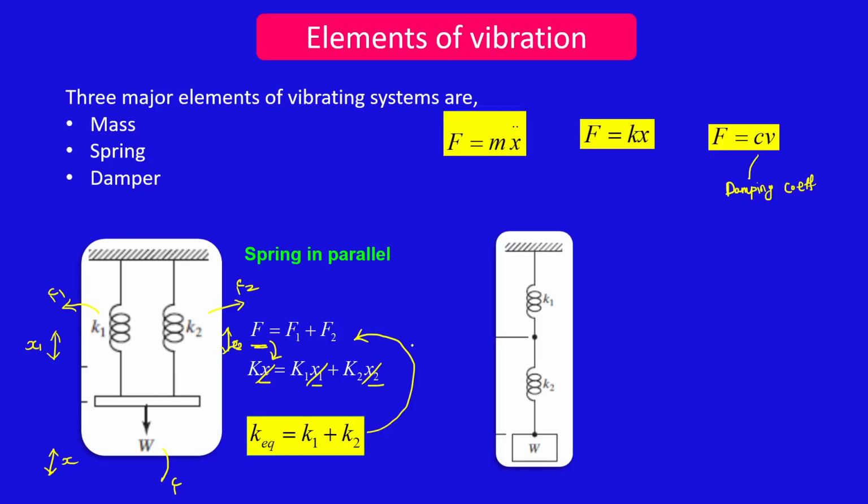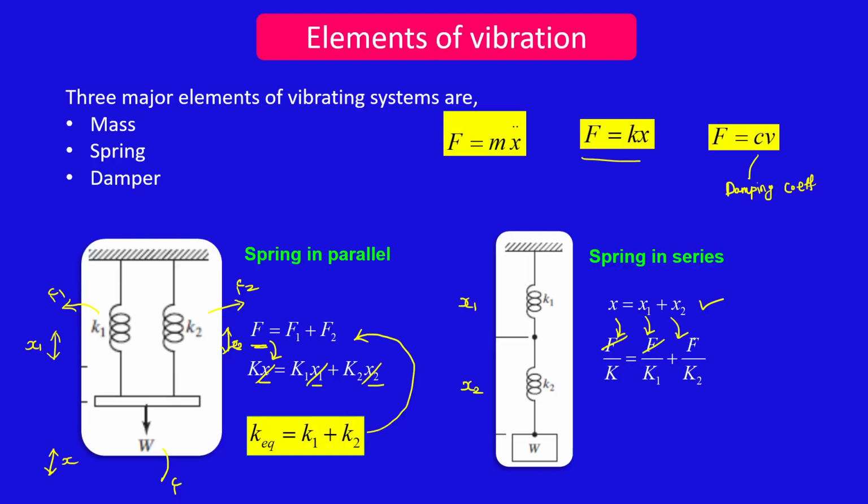Let's take another condition. Two springs connected in series. I'm going to apply the same free body diagram here. Total displacement equals displacement of spring 1 plus displacement of spring 2, because the two springs are connected in series. We know that F is equal to Kx, so x equals F by K. Here I can write it as F by K, F by K1, F by K2.